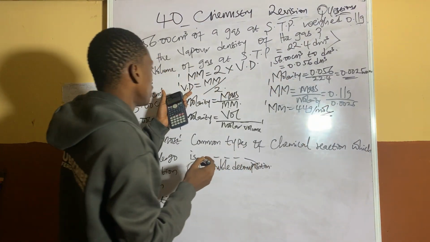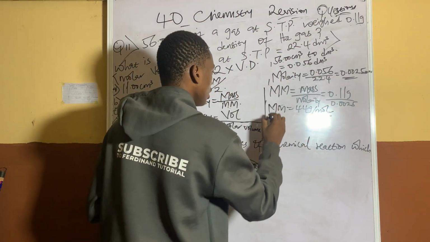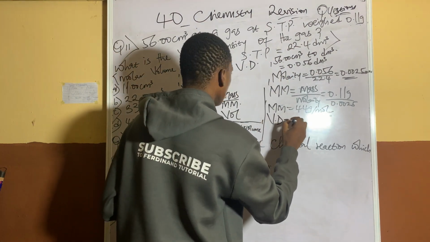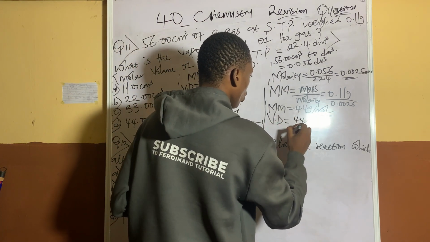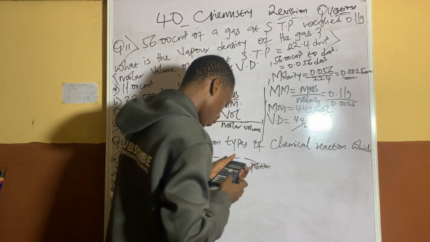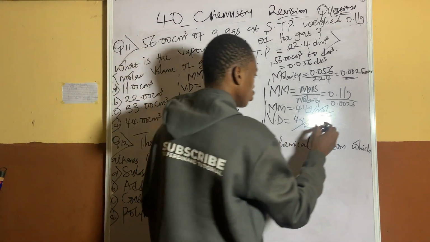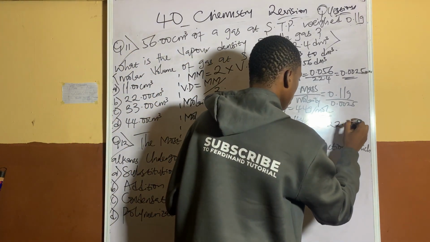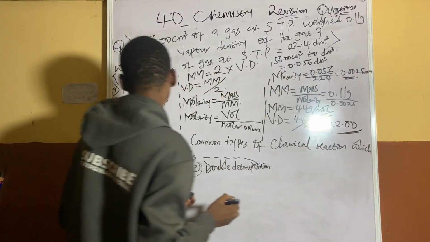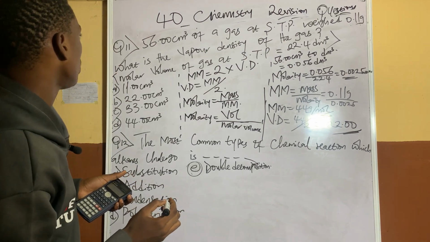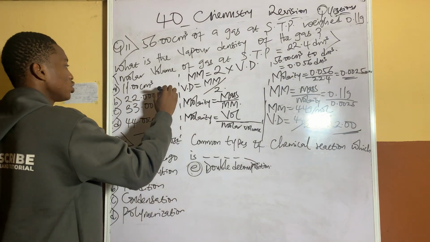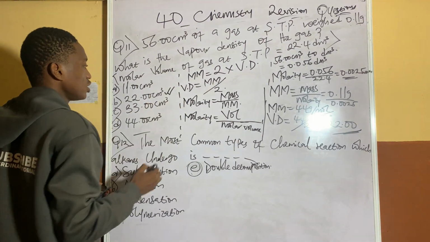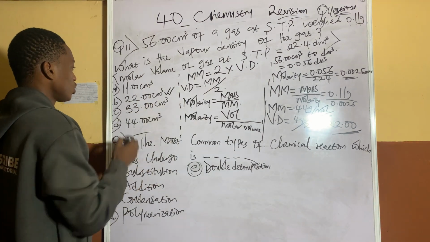So to calculate my vapor density, I will say vapor density, Vd, is equal to molar mass over 2. That means 44 over 2, which is 22.00. So my vapor density here is 22.00.